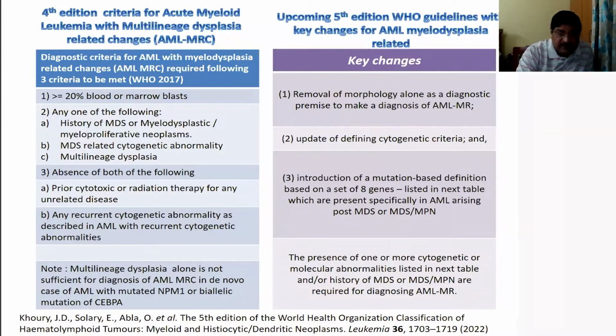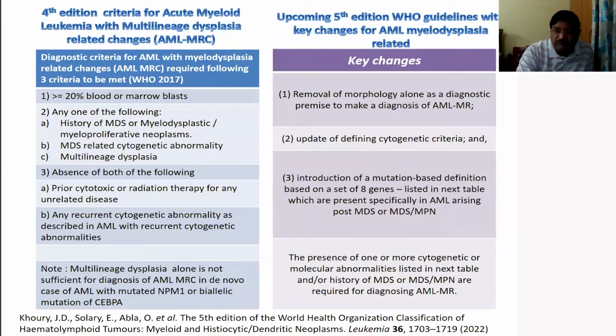And what it says is that multilineage dysplasia alone may not be sufficient for diagnosis of AML with myelodysplasia related changes in de novo AML with mutated NPM1 or biallelic mutation of CEBPA, which used to be the hallmark of the fourth edition classification.